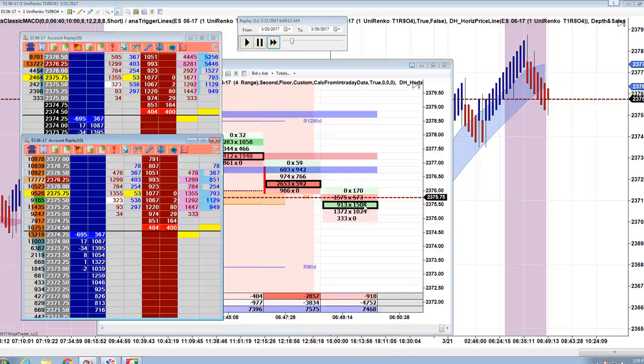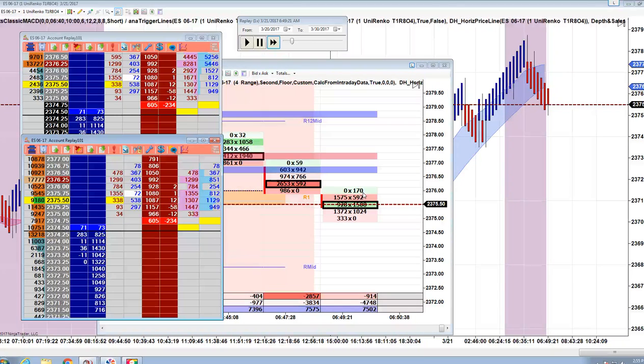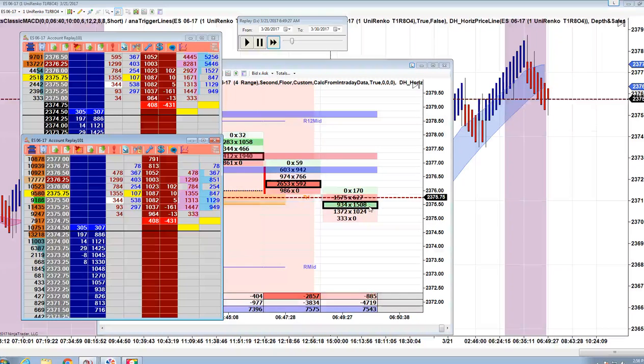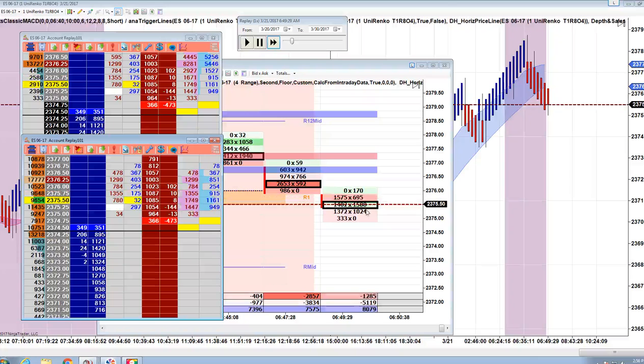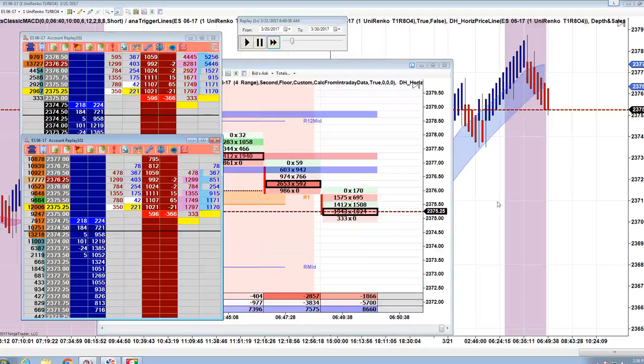Okay, a little bit of a pullback here. And this is what you want to see when you're going to enter a trade. You see this 170 holding. Now, if you see somebody up here and all of a sudden they add 500 and you have 500 against 333, you'll say, well, let's hold our horses a little bit before we enter the market. But you see it's just sitting there in the middle, and it's a little bit back and forth. You still have more sellers than buyers.